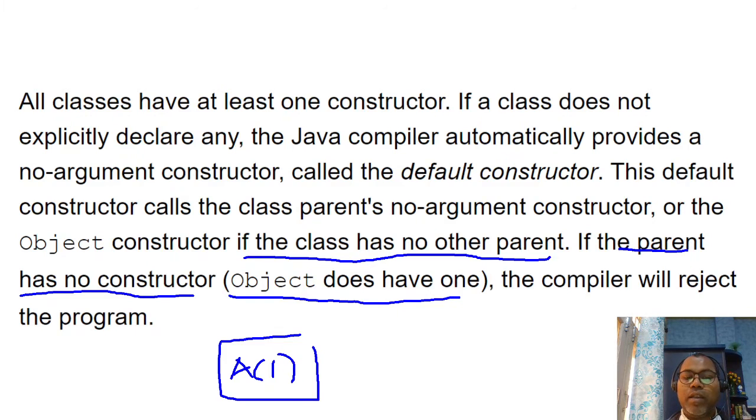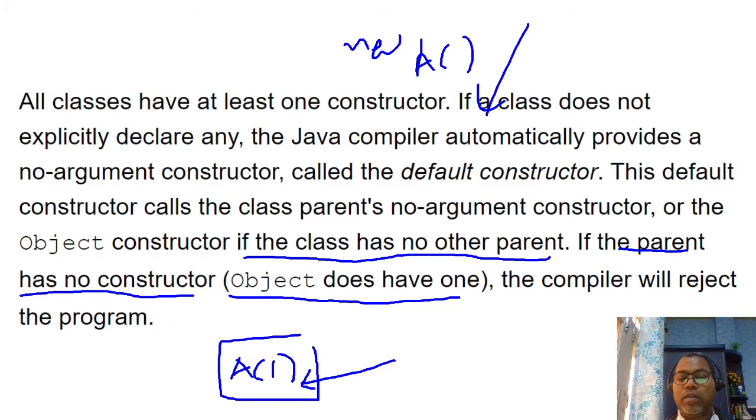If you are creating the object with new A in this way, in this case the compiler does not inject any default constructor. It is the developer's responsibility: if you want to add any explicit constructor, then you have to provide the default one as well. If you don't provide the default one, you cannot create an object with a default constructor.